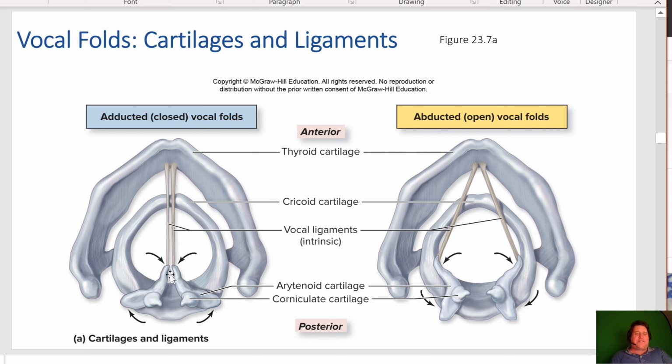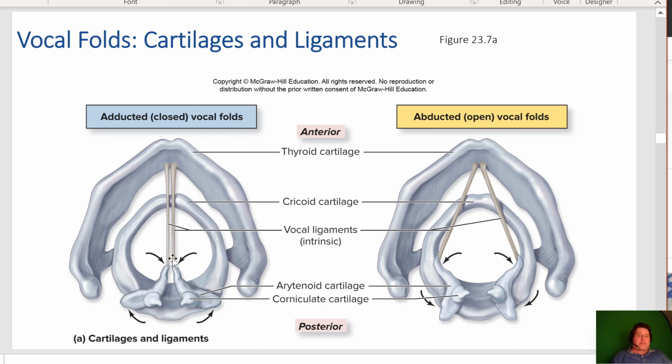You can see here how these smaller cartilages, the muscles and the ligaments that hold them together, pull them shut. On either side, you've got the vocal cords here, which are elastic ligaments, and you've got the vestibule on either side, which are like flaps, like wings, that close off this area on either side of the vocal cords.